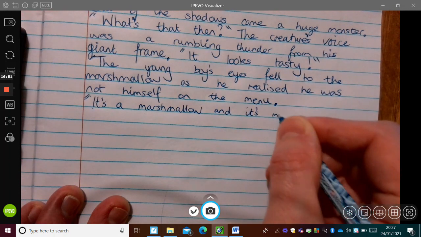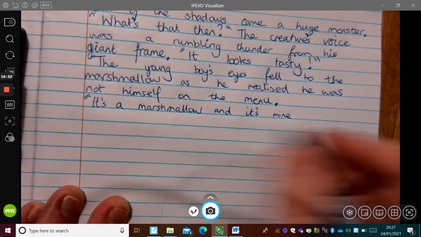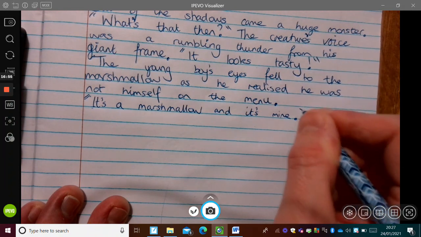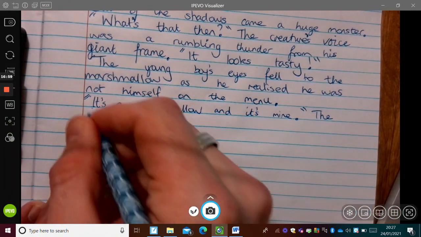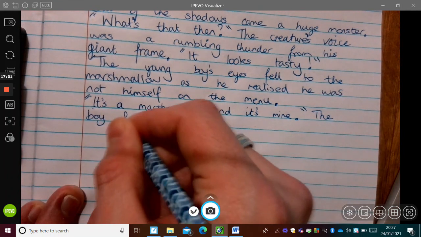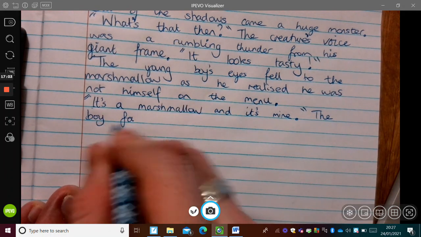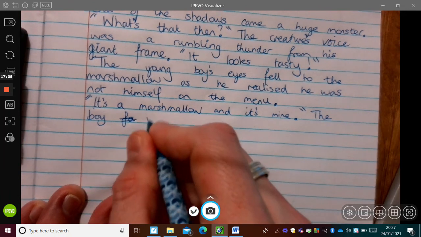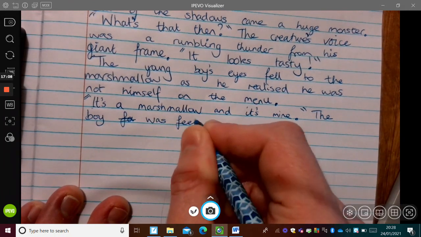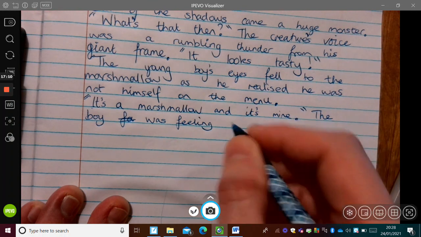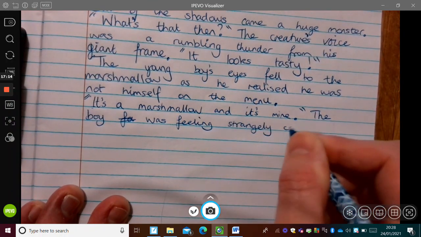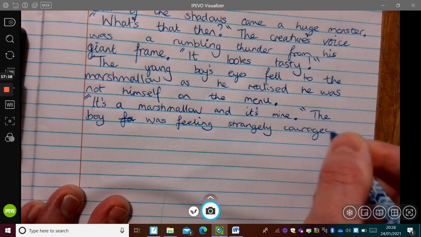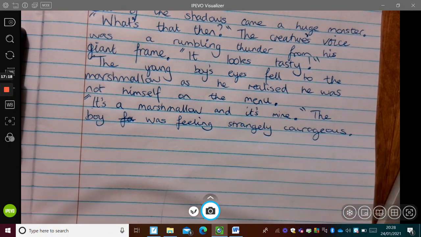"And it's mine." So, inverted commas, capital letter, full stop to end the speech. The boy, oh no, didn't want an F there, I wanted was, was feeling strangely courageous. Right, I'll let it run from there.